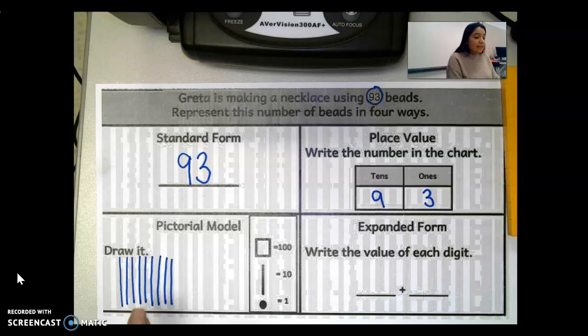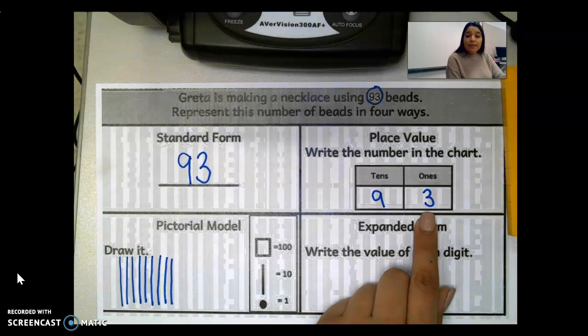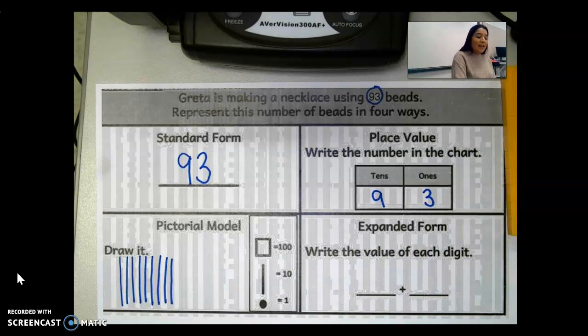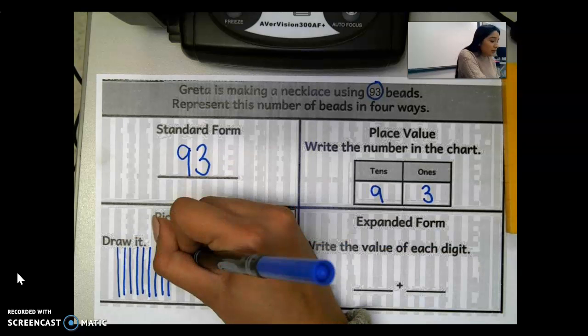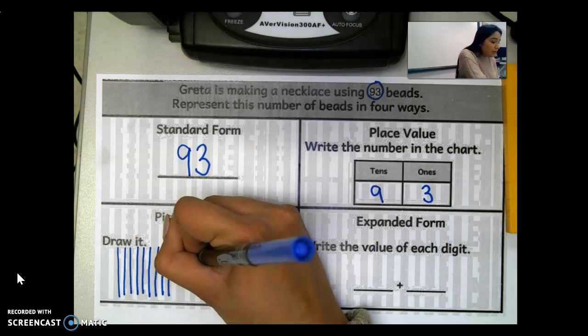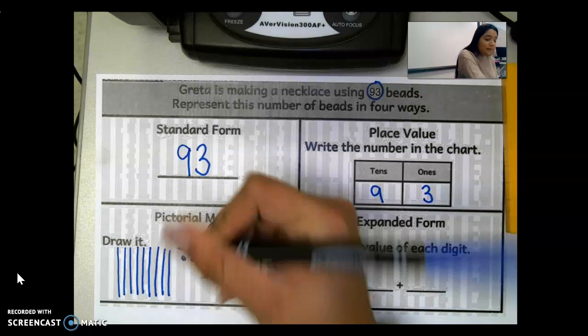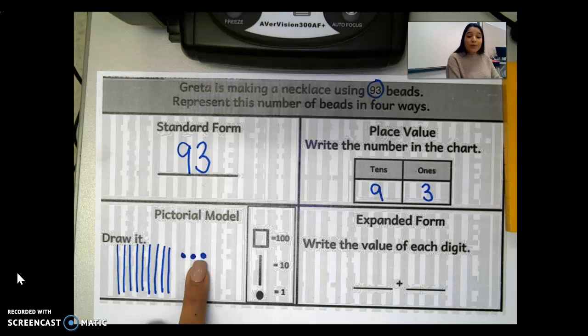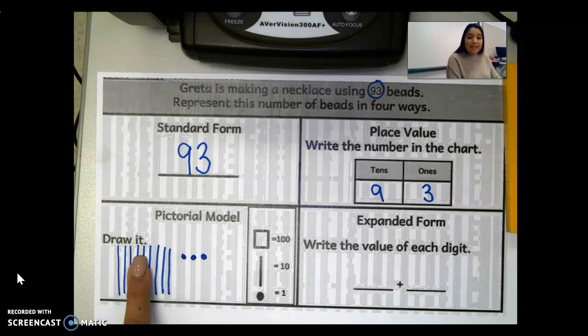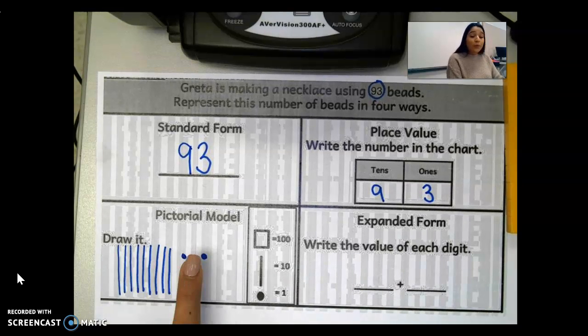We have 9 tens, and how many ones does 93 have? 3. So with our ones, we draw a dot in order to represent our ones. So I'm going to draw 1, 2, 3. So right here we have our pictorial model of 93. We have 9 tens and 3 ones.